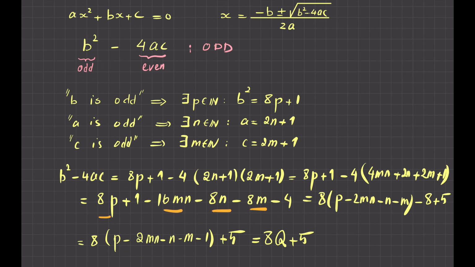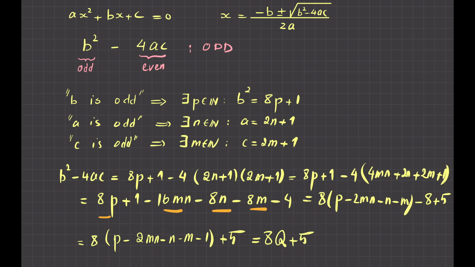Okay, so what I showed, using the previous statements and the assumptions that a, b, and c are all odd, is that b squared minus 4ac is of this type. It's a multiple of 8 plus 5.